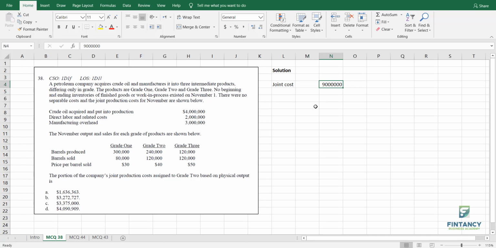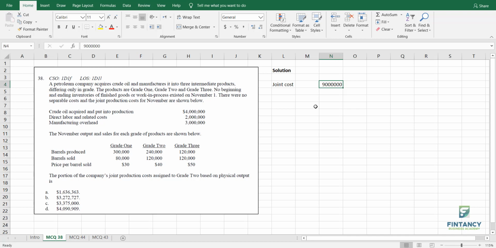The November output and sales for each grade are shown below. So they produced, they sold, and the price per barrel sold. Now see, they told you there is no beginning and ending inventory of finished goods or work in process on November 1.